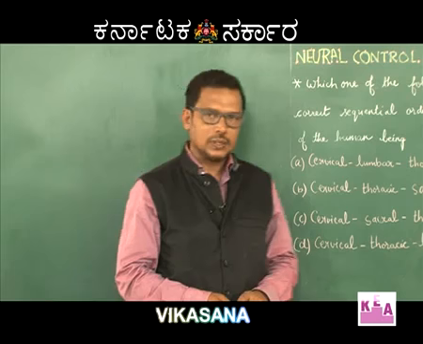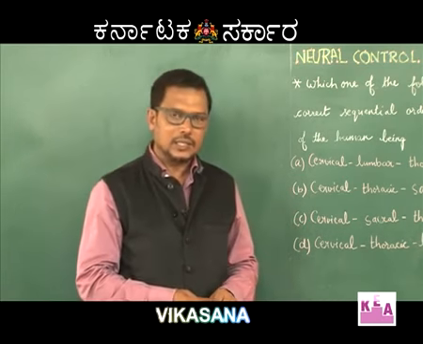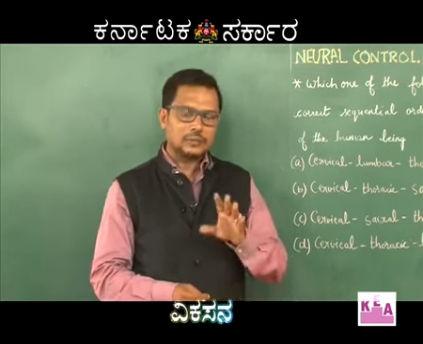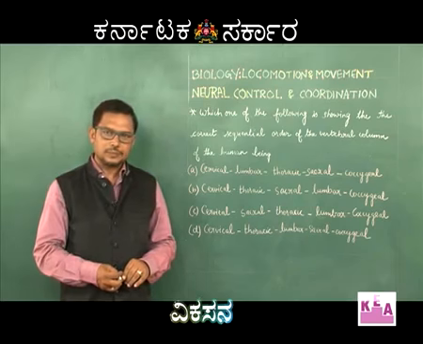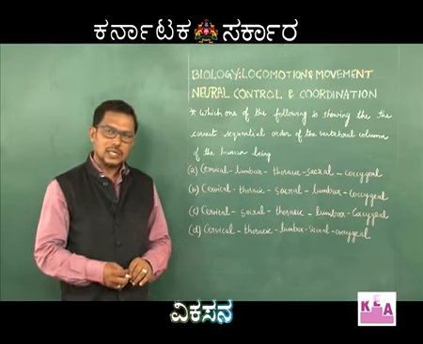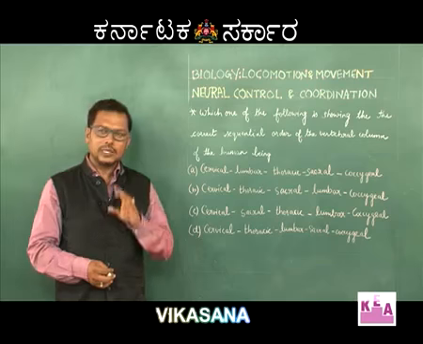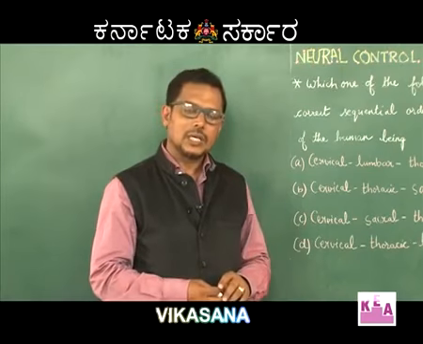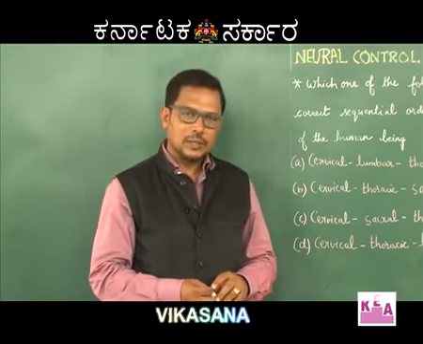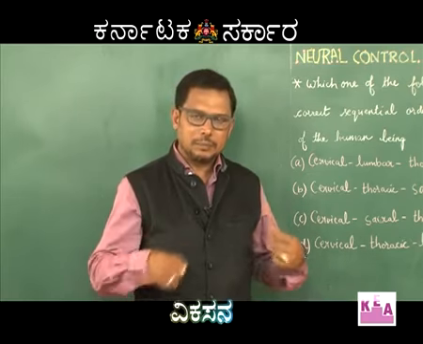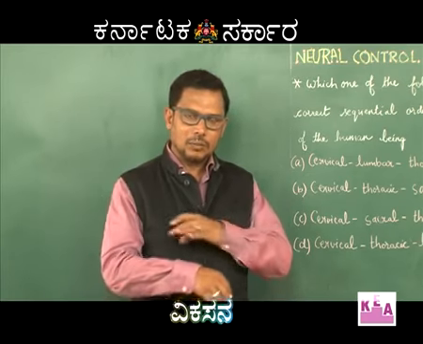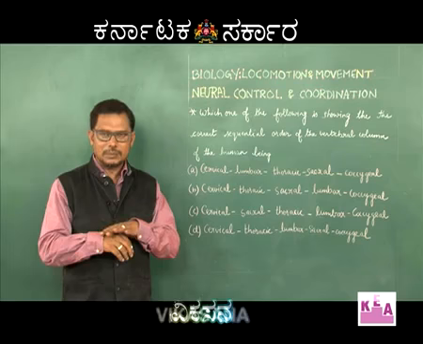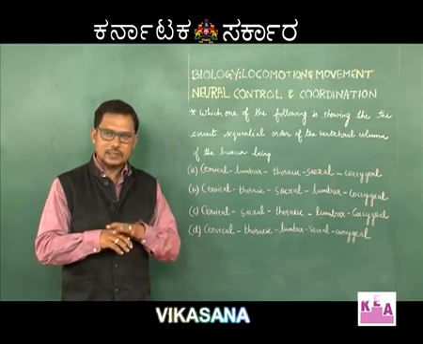As you all know, in axial skeletal system there are 80 bones. In appendicular skeletal system there are 126 bones. Appendicular skeletal system includes pectoral girdle, pelvic girdle, bones of forelimbs, that is limbs and hands.